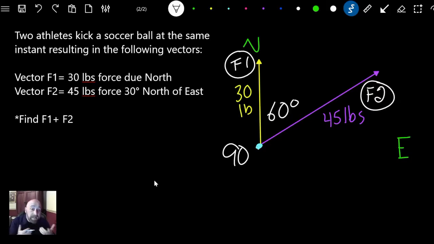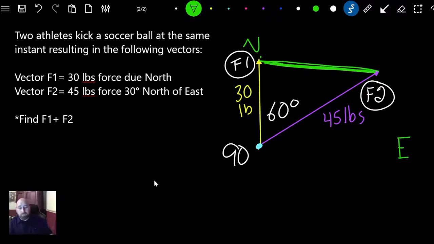If we had a right angle, then we would just use the Pythagorean theorem to help us. But we don't. We have an oblique triangle. And you say, no, we don't have a triangle. Yeah, we do. We can connect these, right? So we really do have a triangle right here. So what we want to do is figure this out using the law of cosines.